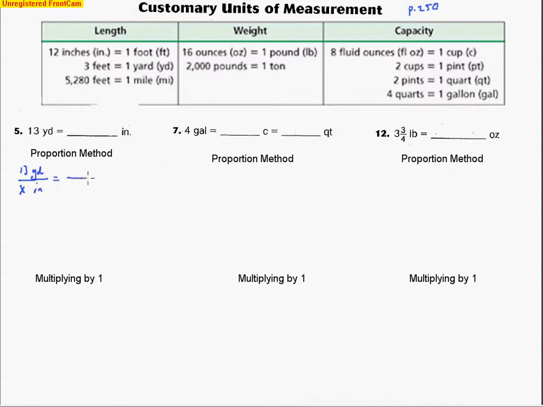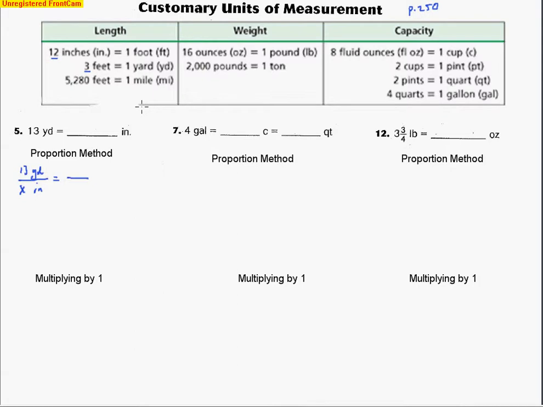Now we need to write a unit conversion, a scale factor for yards to inches. So let's go over to weight, because that's what we're in here. I'm sorry, distance, length. And we are talking about yards. Well, there's 3 feet in 1 yard, but we don't want feet, we want inches. So there's 12 inches in 1 foot.